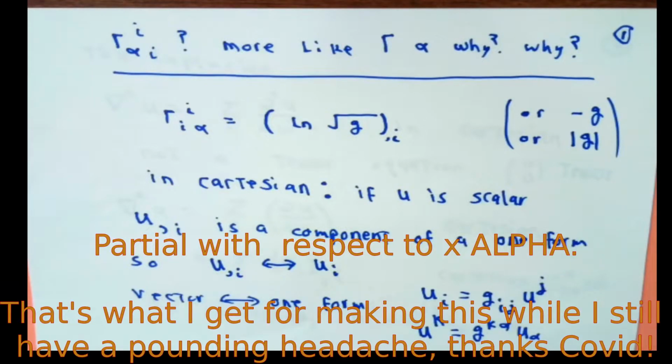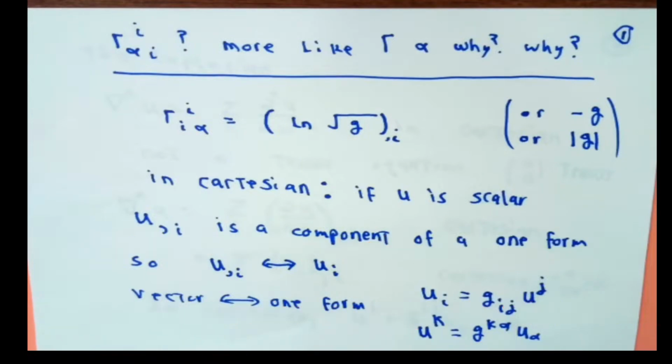In Cartesian coordinates, if I have a scalar field, a function that tells me for each point of the space a number, then if I form the partial derivatives of that scalar u with respect to x^i, these are the components of a one form.